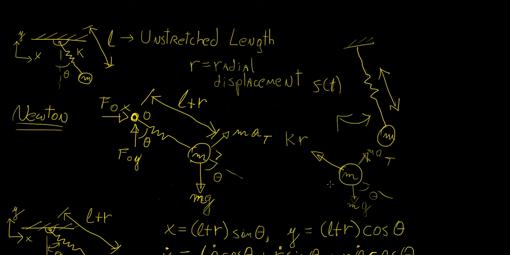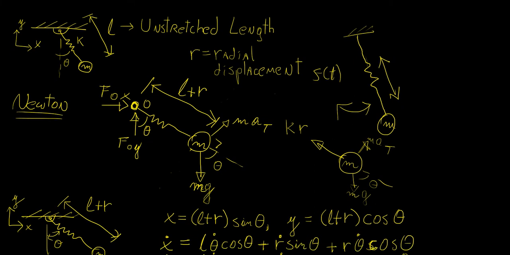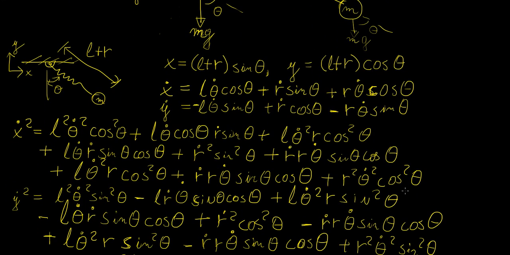Now what I want to do is approach this problem from the perspective of Lagrangian mechanics, and the reason for that is that it can get quite confusing when you use Newton's method in this case, because this thing is going to be changing in length the whole time. So what we're going to do instead is transform the problem into polar coordinates.